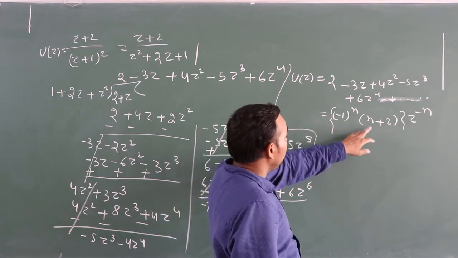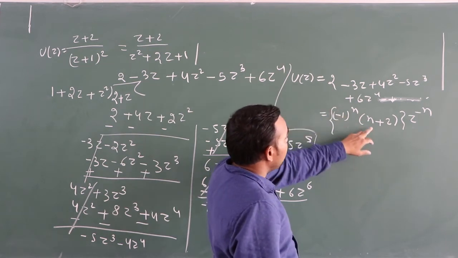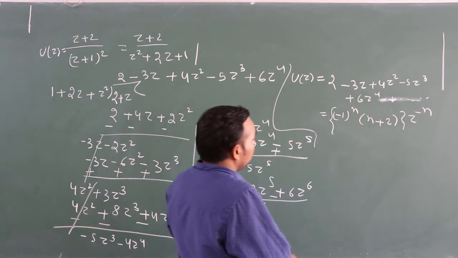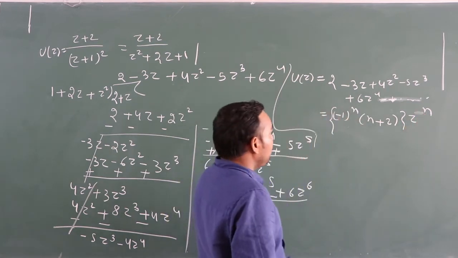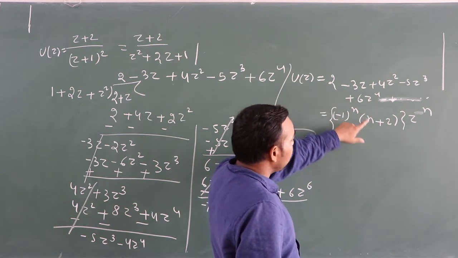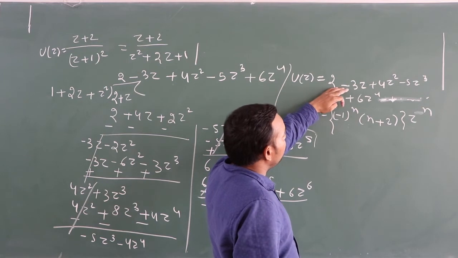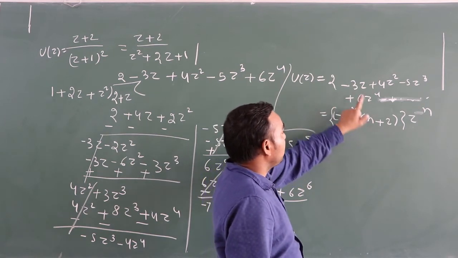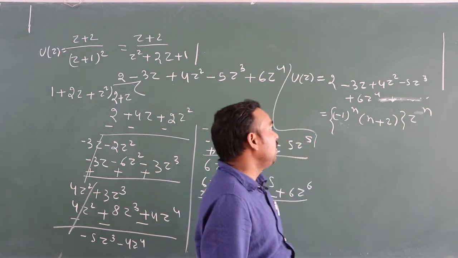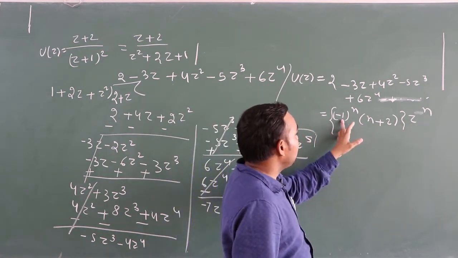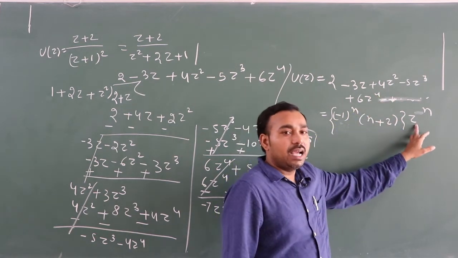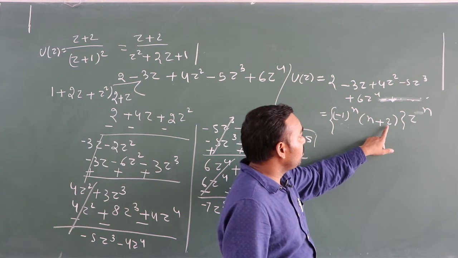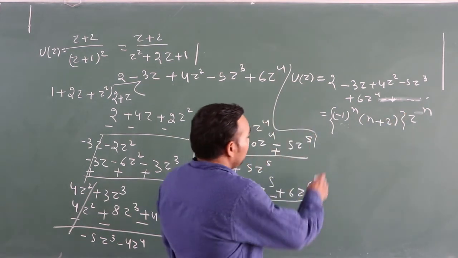And you see here, if we write n equal to 0, that is 2, n equal to 1, here minus, and this is minus 3, and n equal to 2, positive, and n plus 2, that is 4, and if we write n equal to 3, minus, 3 plus 2, that is 5, z to the power 3.